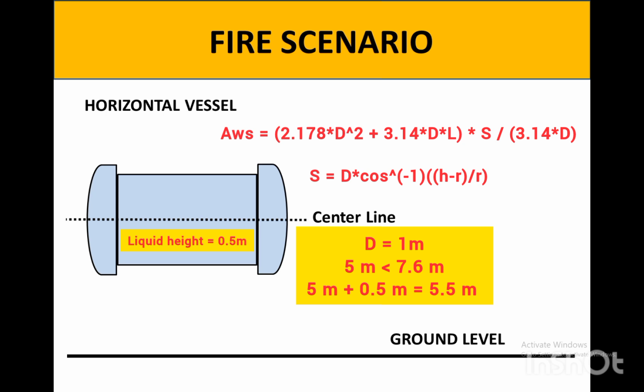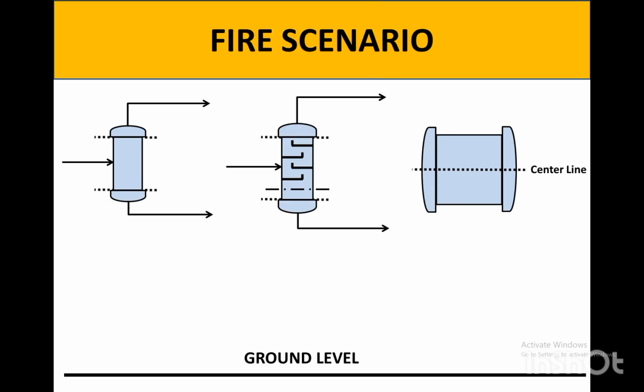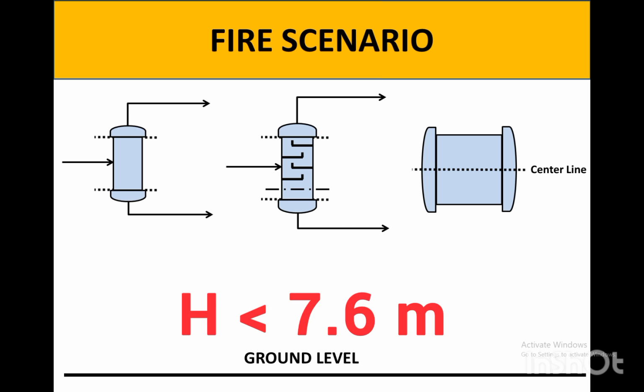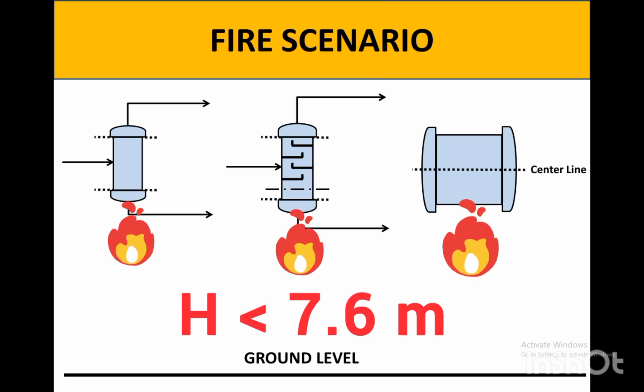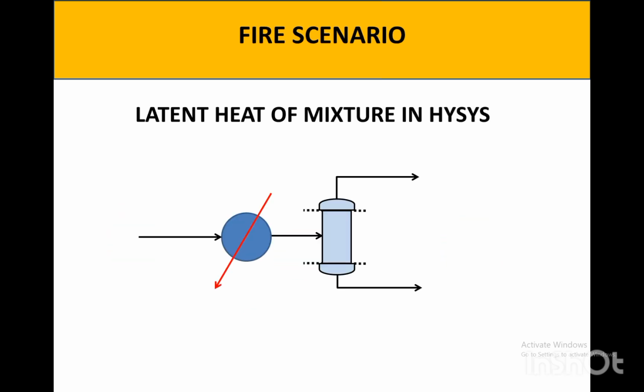So we have discussed the vertical vessel, distillation column, and horizontal vessel separately. To summarize what we learned, if the vessel height is less than 7.6 meter or 25 foot above the ground, the fire is applicable. And if not, fire is not applicable. As I initially mentioned, I will discuss the relief load.